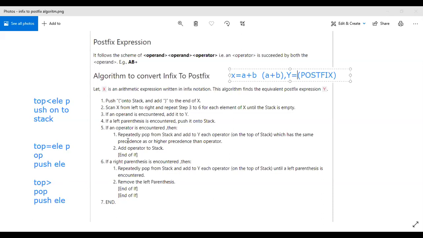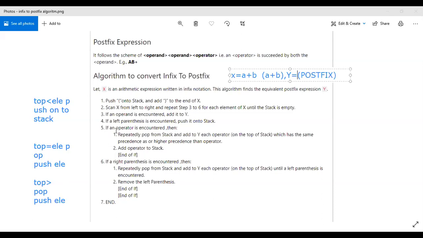Both are the same algorithm, but here left and right braces have been added to the whole infix expression that was given as input. So step 5 in this algorithm, or step 3 in the previous algorithm, is the main thing you have to understand. That is the main part of converting infix to postfix.